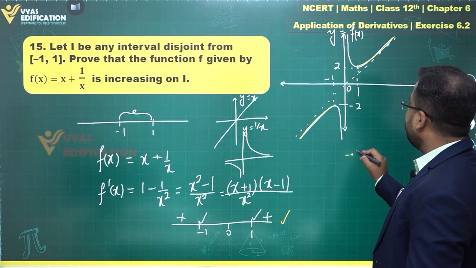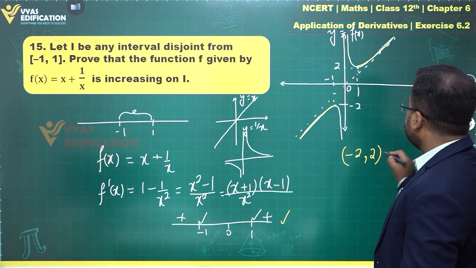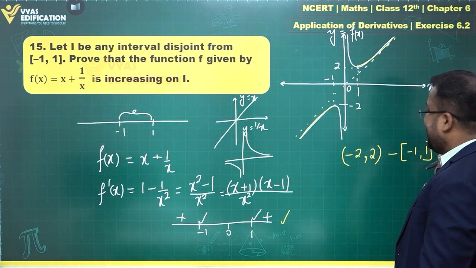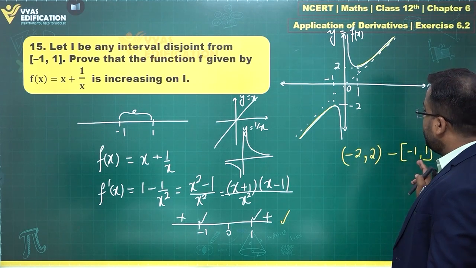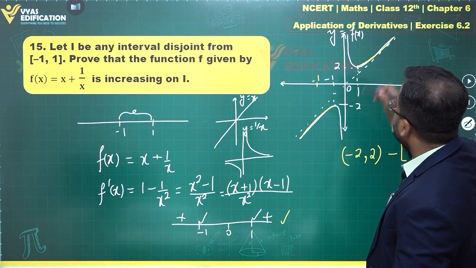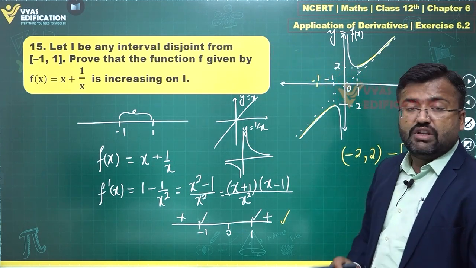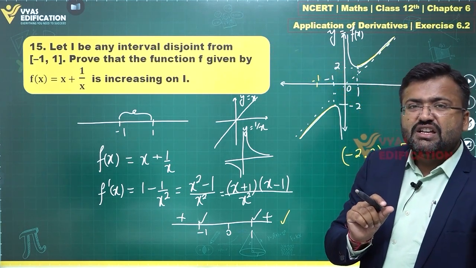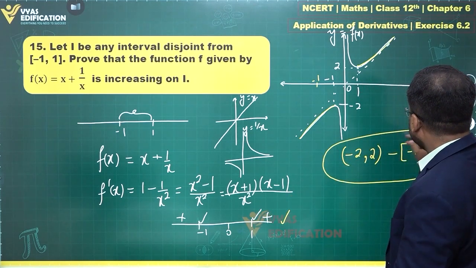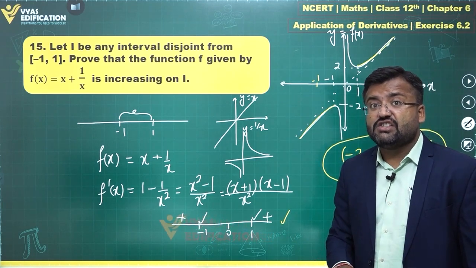Let's say I take from -2 to 2, except for the interval -1, 1. The function will be increasing throughout. From -2, this function increases, and then this function increases again up till 2. That's what you can observe. Any particular subset of that interval, the function will be increasing. That's what you can observe from the graph as well.